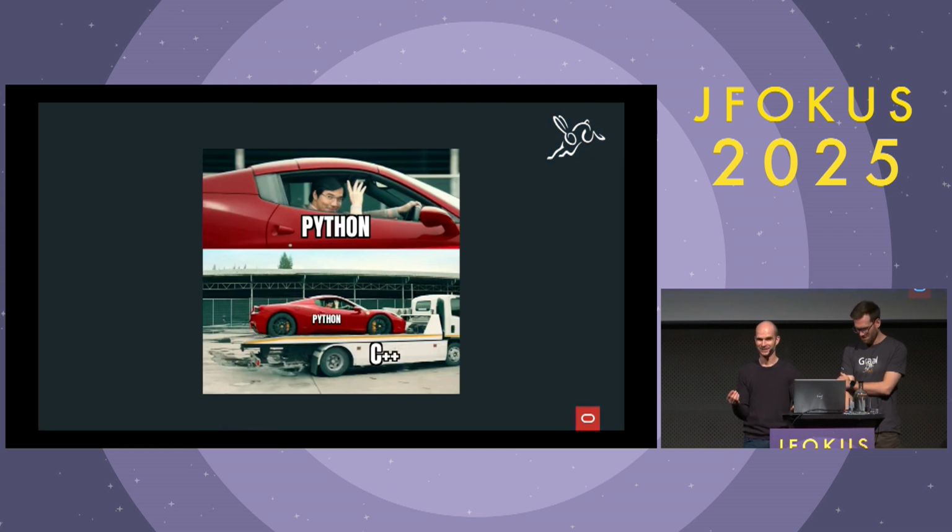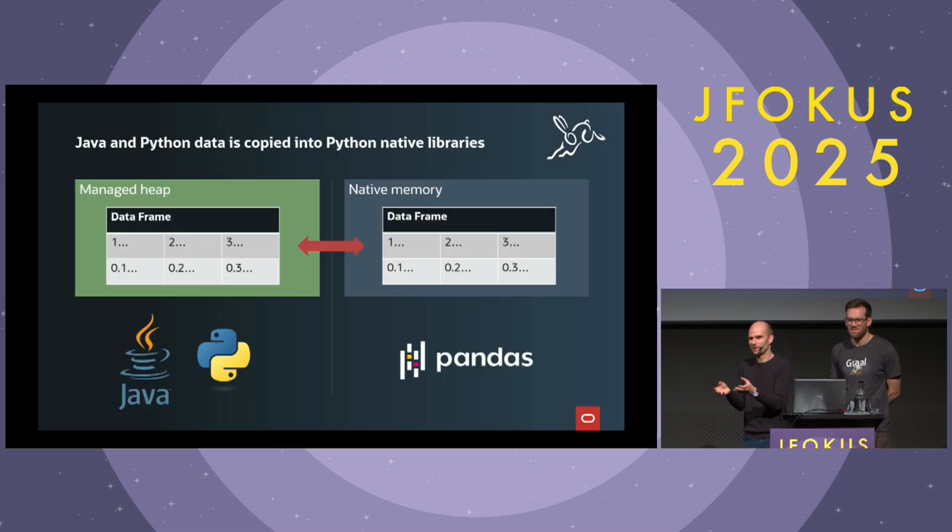But there's more. There's another little tiny thing with native libraries. Native libraries aren't just functions. Native libraries also manage their own memory. And the JVM and Python want to manage memory for you.